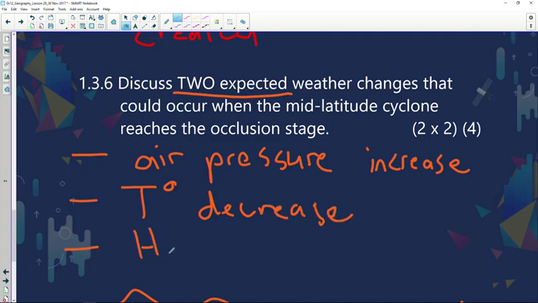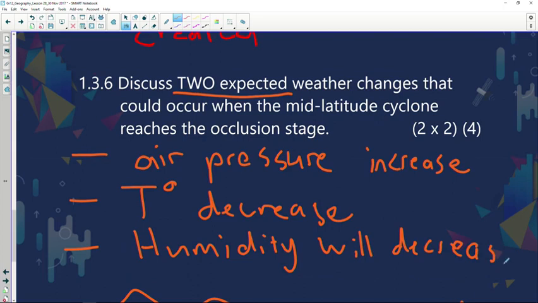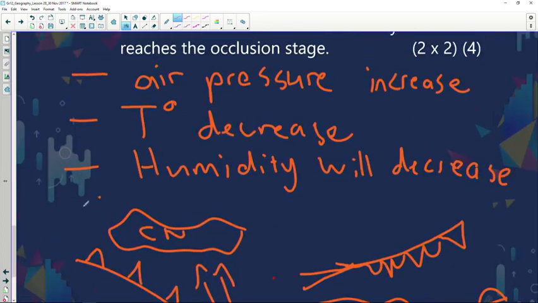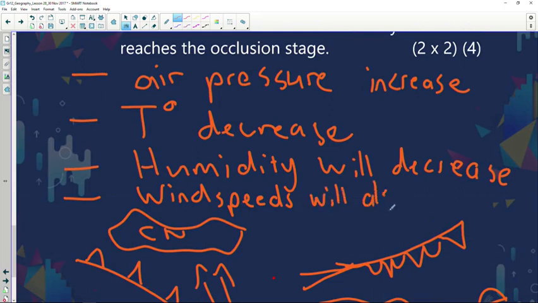Humidity will decrease. And lastly, the wind speeds will also decrease, because there's only cold air left on top of the surface.